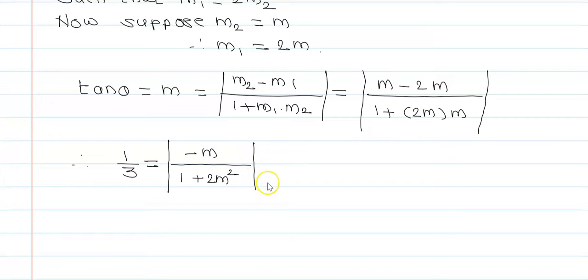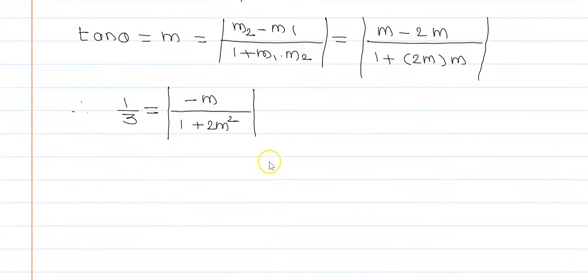Therefore 1 by 3, as there is a mod sign, it is plus or minus, m upon 1 plus 2m square.